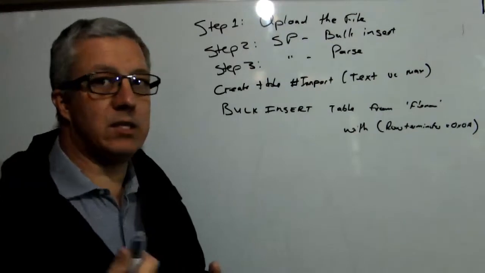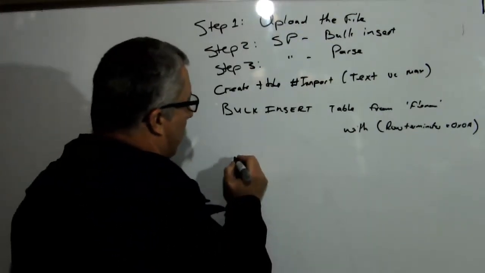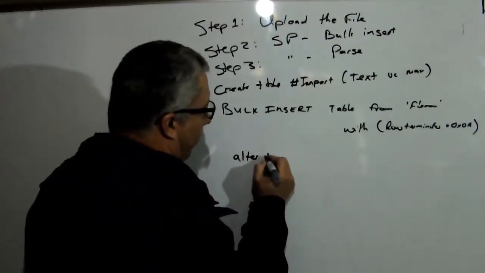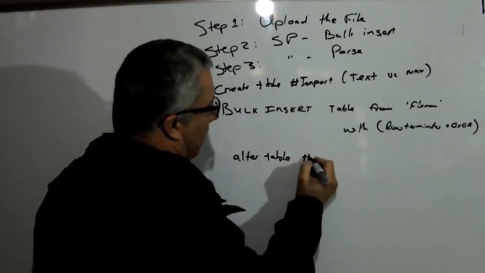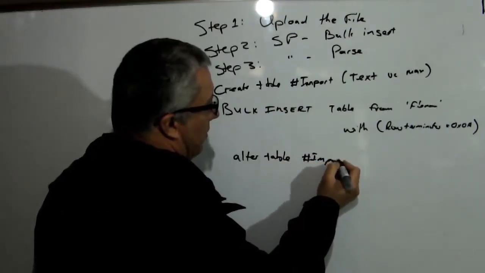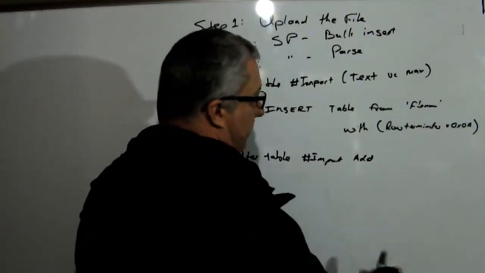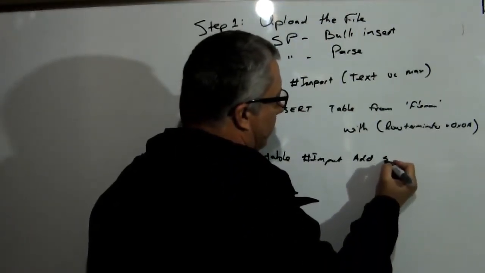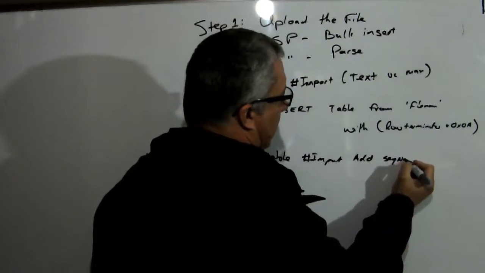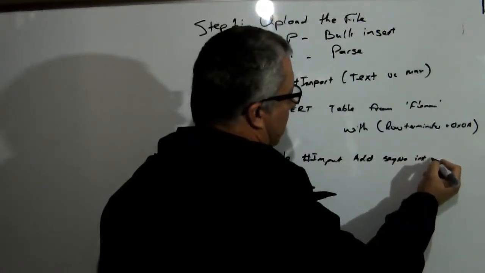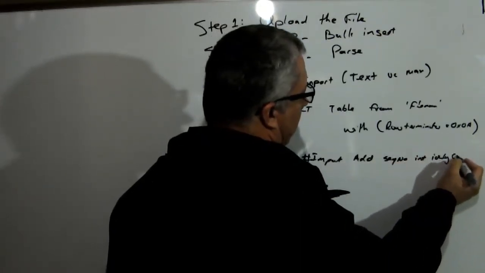After this, to make things a little bit easier, you can alter your table import and add an identity field. Sequence number int identity(1,1).